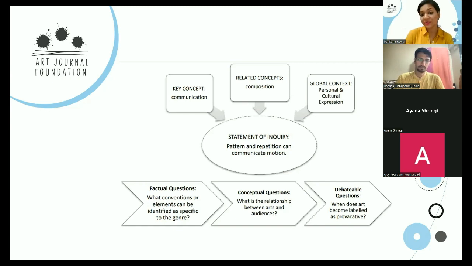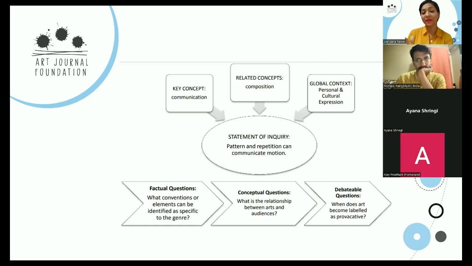And then the debatable question says, when does art become labeled as provocative? As an example, we collaborated with a circus company and did a performance as clowns. We did an ironic scene on Pandits, Muslims and everything. But in Kerala, in Calicut, we were attacked while the performance was going on.